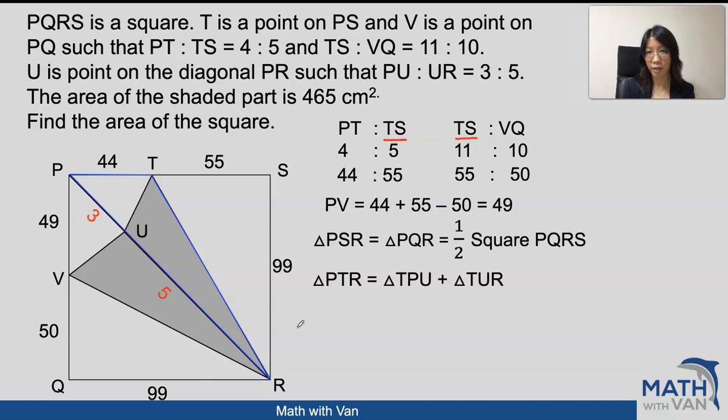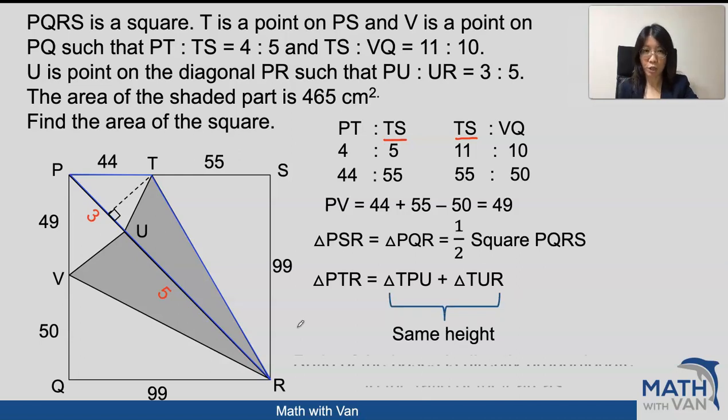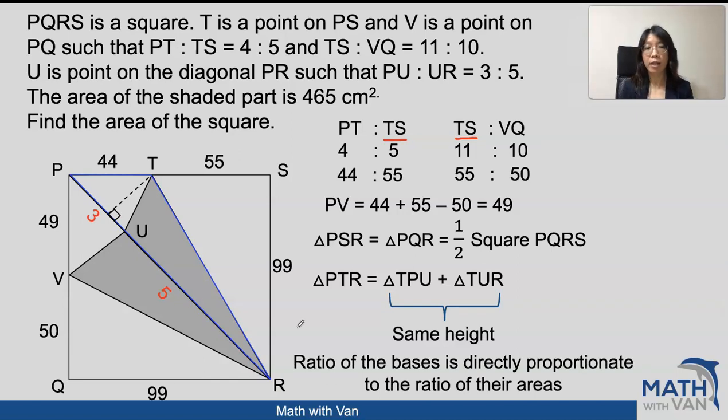And they are PTU and TUR. And since both their bases lie along the diagonal of the square, we can say that these two triangles have the same height. And if they have the same height, what we can conclude is that the ratio of their bases is directly proportionate to the ratio of their areas.